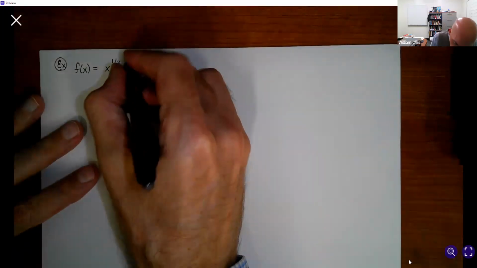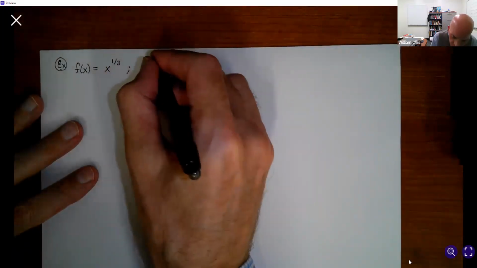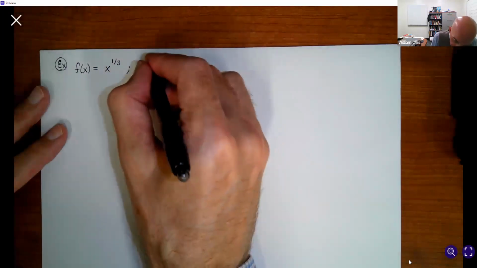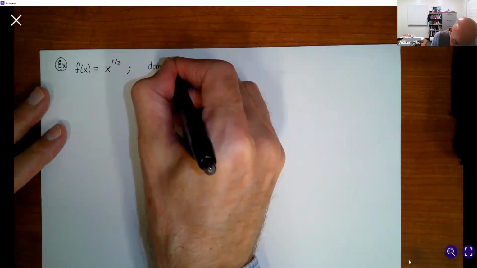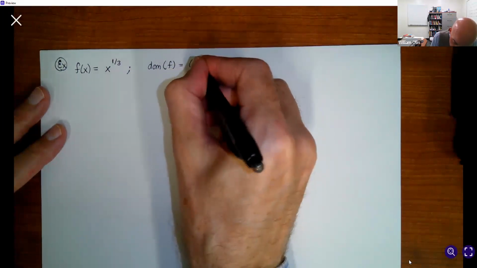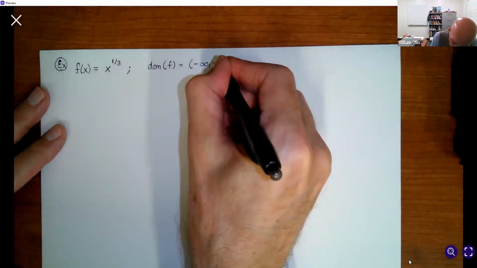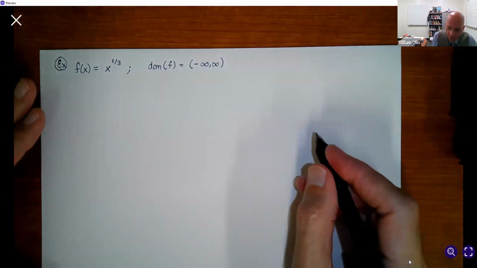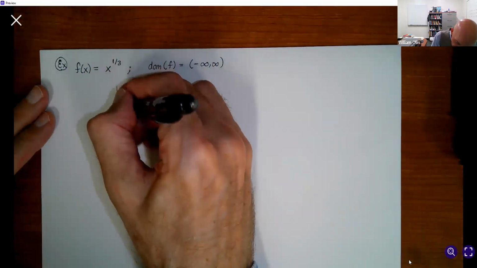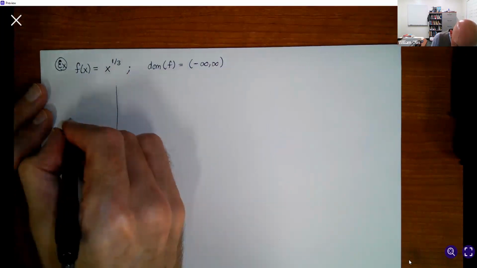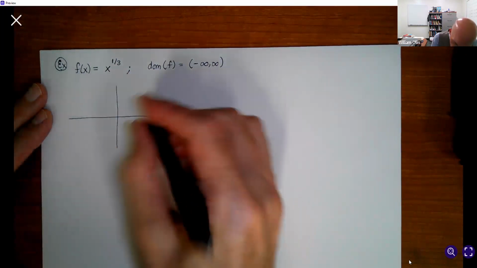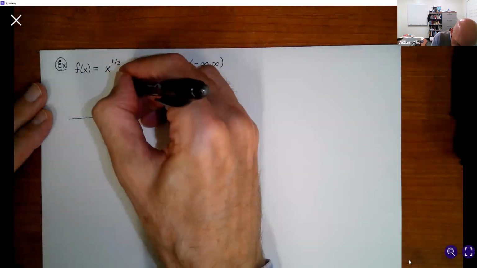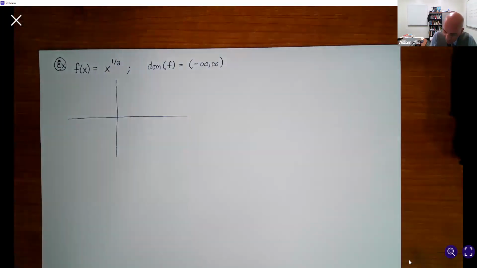And then, of course, unlike the square root function, there is no restriction on x. We could just take the domain of f to be unrestricted, that is all real numbers. And when we think of the power function, x to the 1/3, this is a member of the family of functions that you study when you do college algebra and pre-calc.